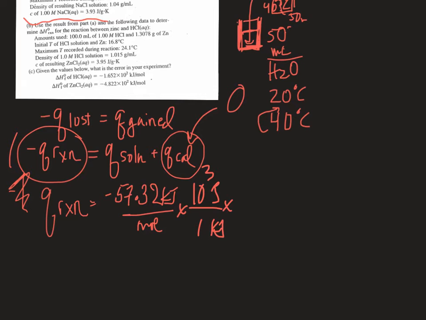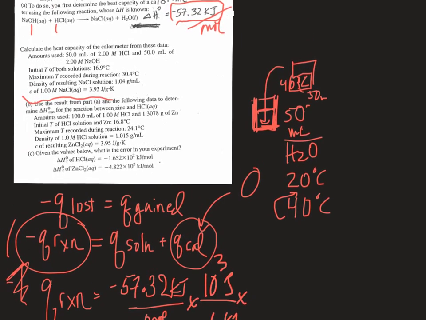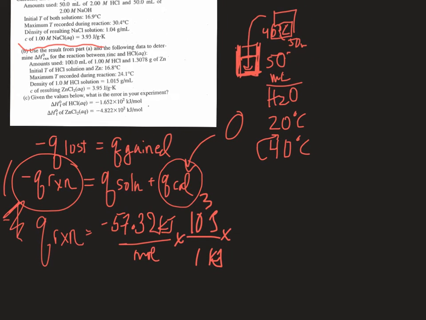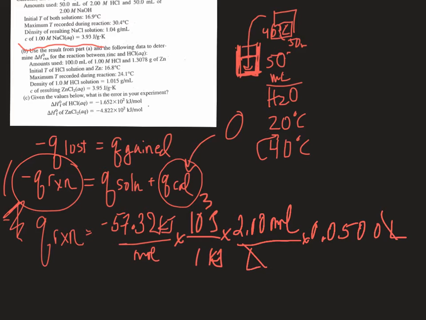So if we had a 2 molar solution and we had 50 mL of it, 2.00 moles per liter times 0.0500 liters, with this we figure out the number of moles of both HCl and NaOH.